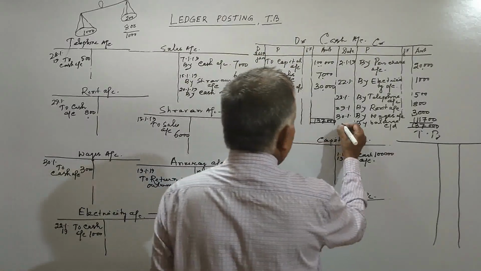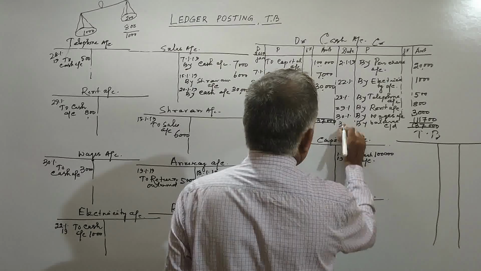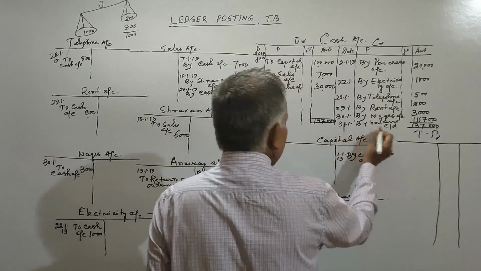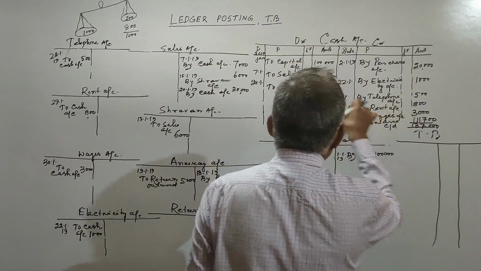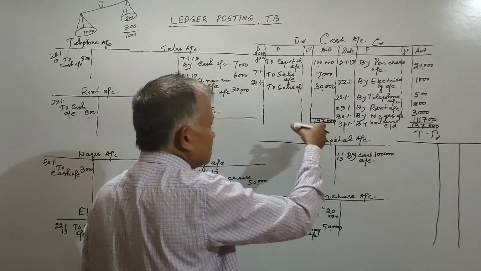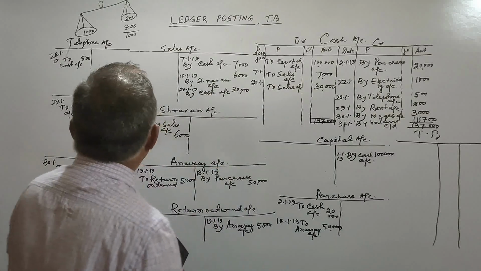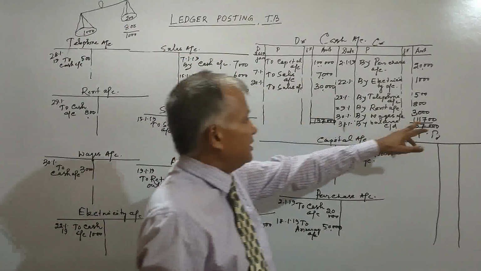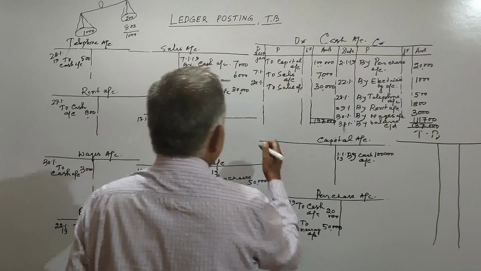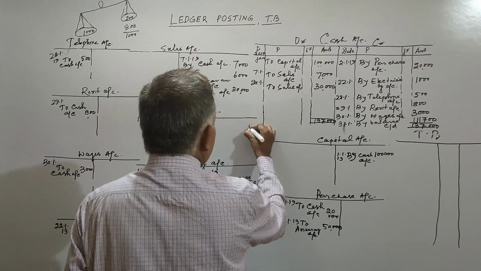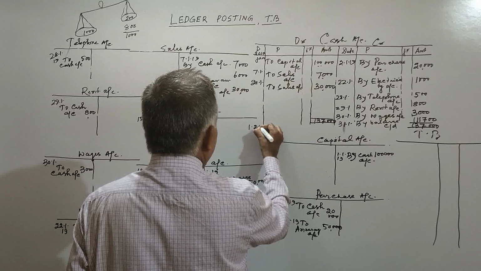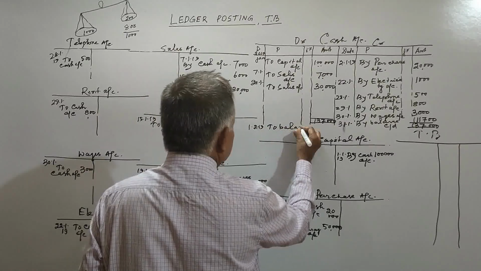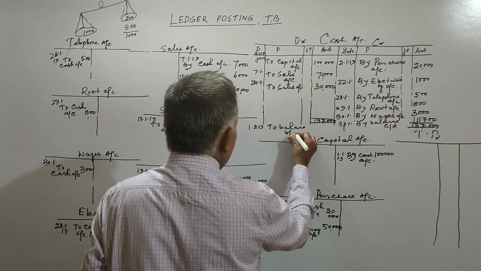And give a date, the closing date 31/1, and this is a debit balance because debit side is higher, and we have put the balance on the credit. So in the next period, this is 1/2/19, it will be to balance brought down.